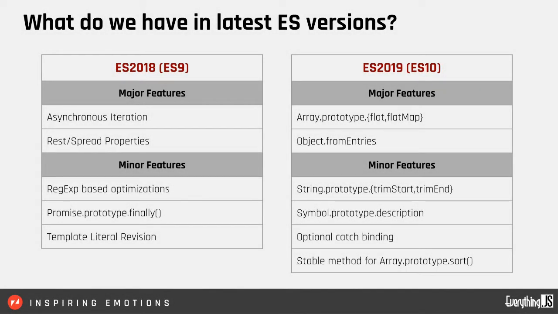Okay, so I just want to give you a brief idea of what the spec says. So in 2018, ES 2018 was released, and it has these two major features, asynchronous iterations and rest and spread properties, and a few minor features. Likewise, in 2019, very recently, they released array flat and array flatMap and Object.fromEntries.